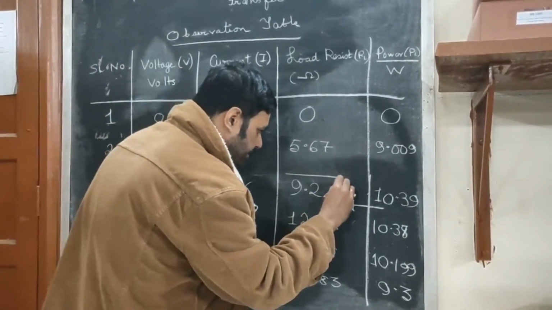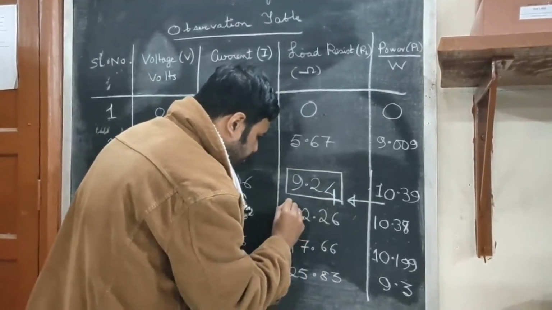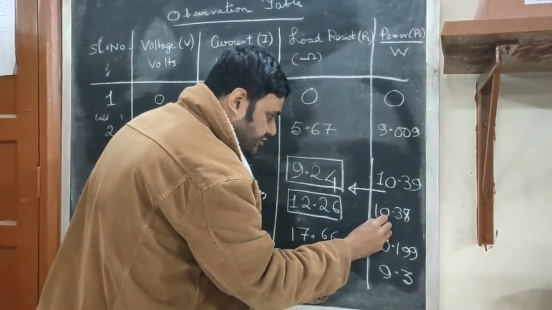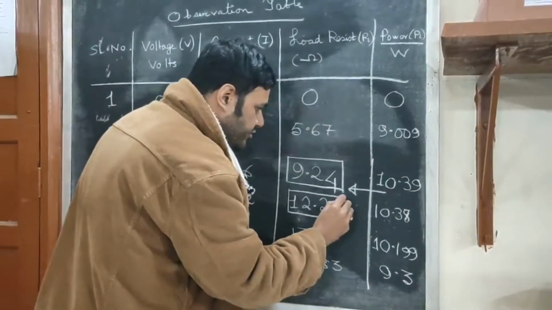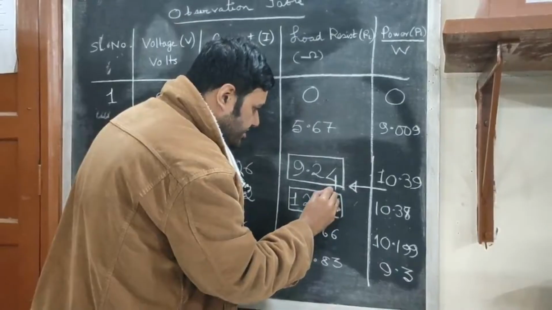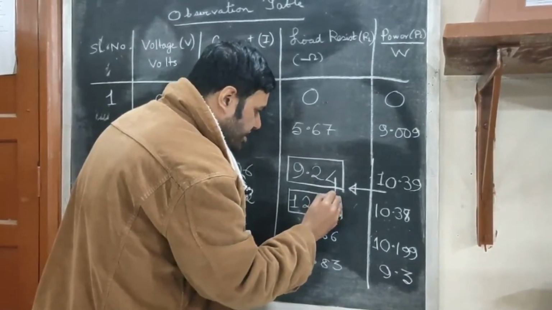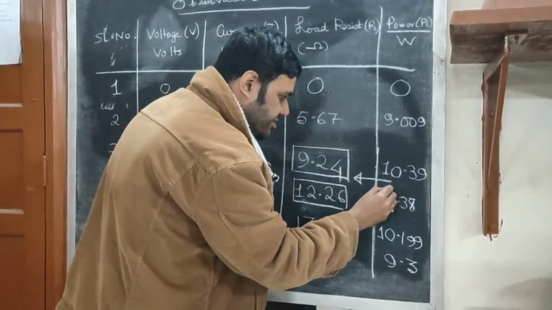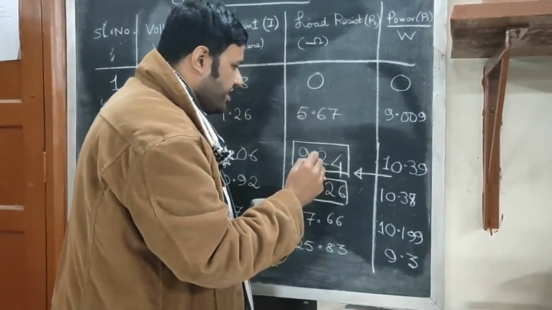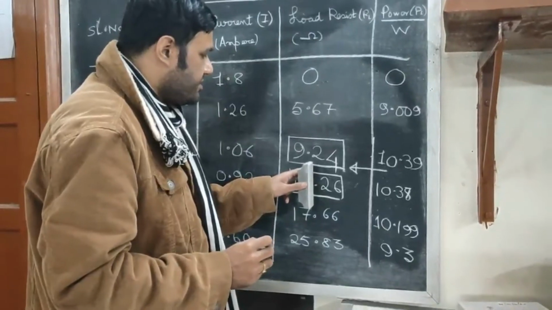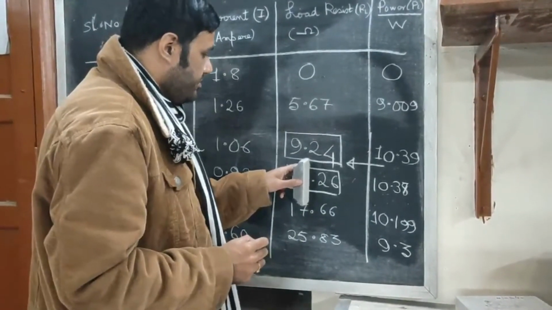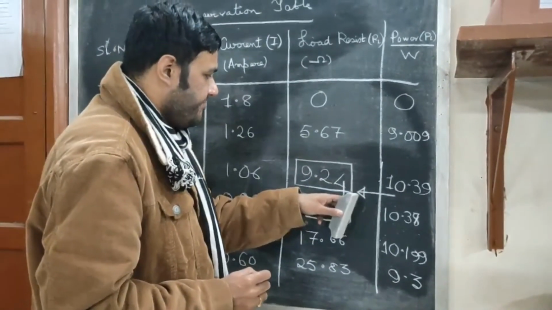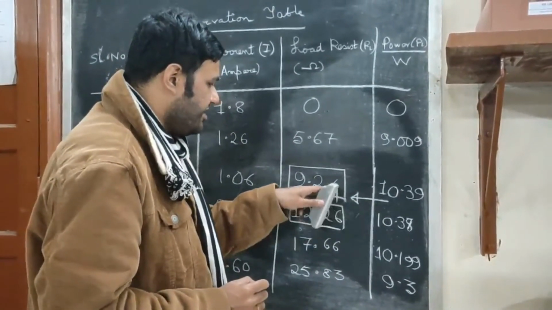The load resistance here is 9.24 and in the next step it is 12.26, corresponding to a power value of 10.38 watts, which means the maximum power point lies between 9.24 ohms and 12.26 ohms. And if you remember, we had set our source resistor to 11.2 ohms, which is verified from this tabulated data, because the maximum power point lies in between these two.